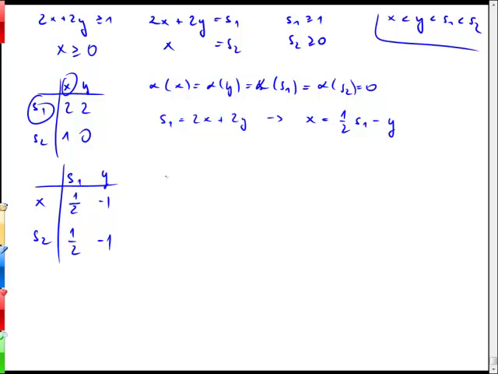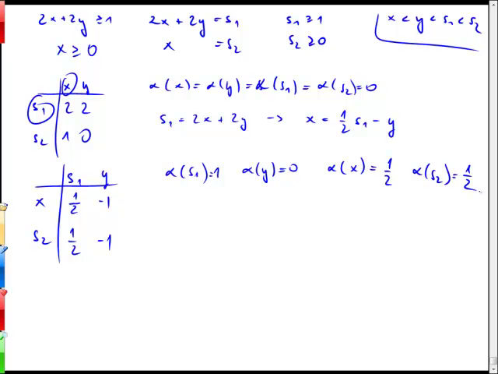The new values: s1 is put to its lower bound, 1. The value of y does not change, and I can compute according to the tableau that alpha of x will be 1/2, and alpha of s2 will also be 1/2.